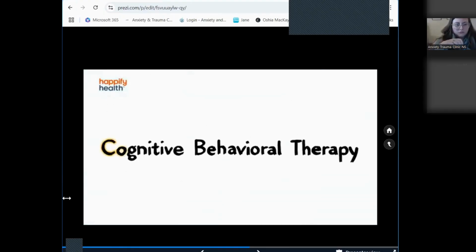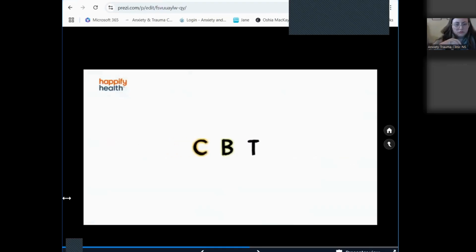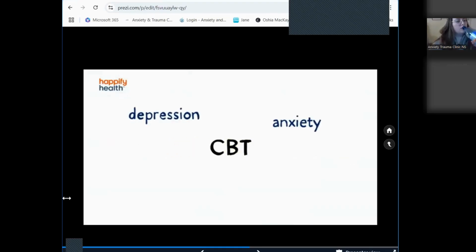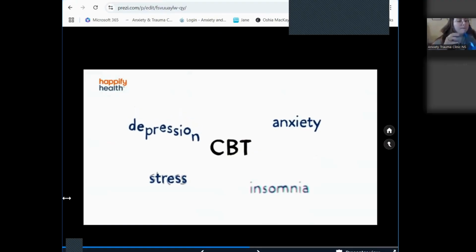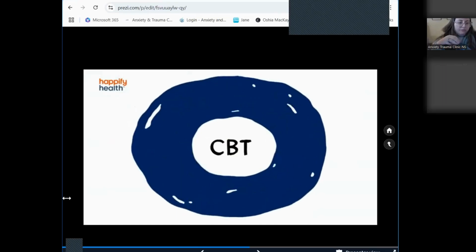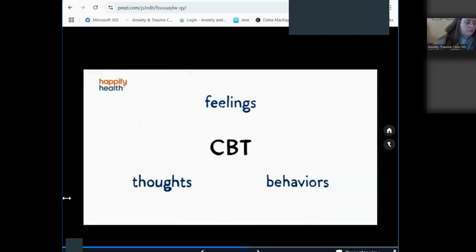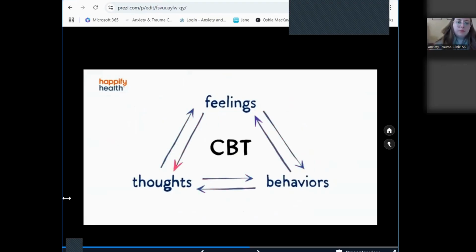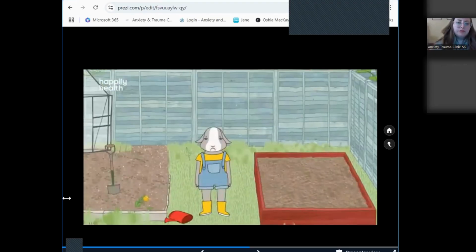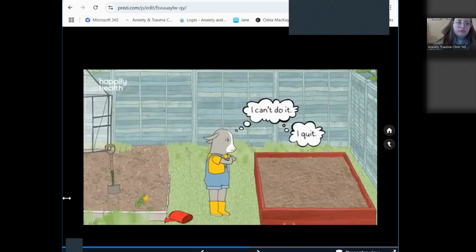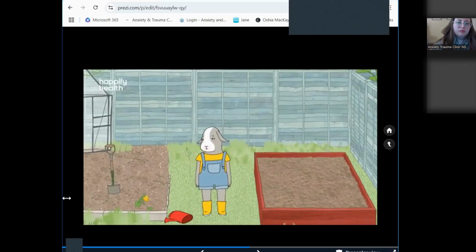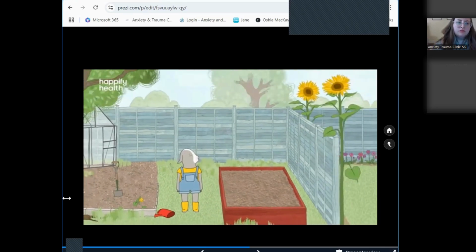Countless studies have shown that cognitive behavioral therapy, or CBT, can improve depression, anxiety, stress, insomnia, and many other conditions. It is a powerful tool therapists use to help you identify the patterns that exist between your feelings, thoughts, and behaviors. All three are interconnected. The way you feel affects what you think, and what you do has a big impact on how you feel and what you think.